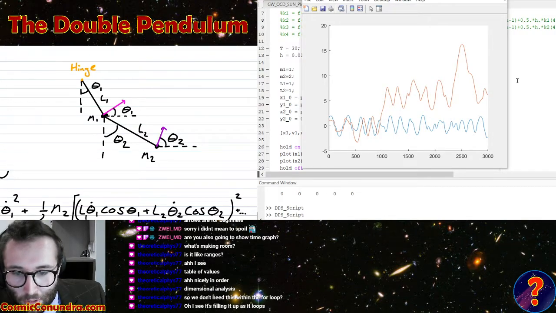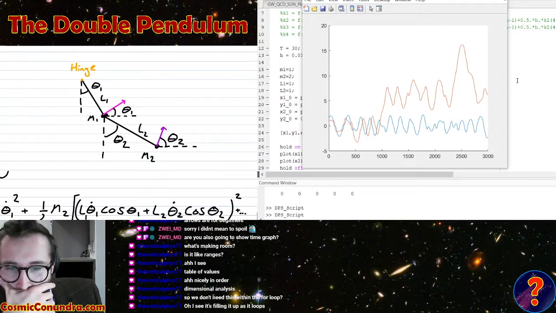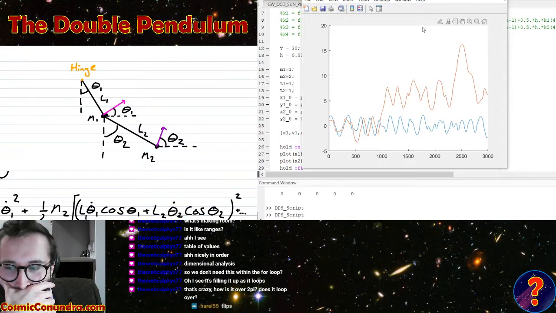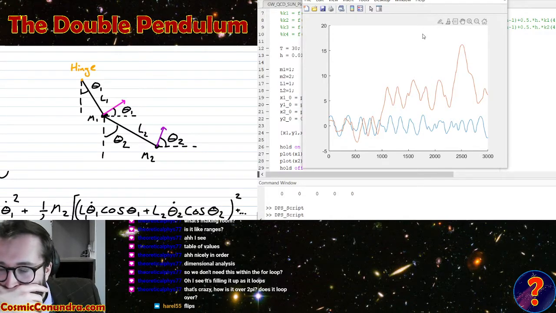Hang on, why does that go up to 15? It shouldn't go up to 15, should it? How is it over 2 pi? Does it flip over? What do you mean, how is it over 2 pi?